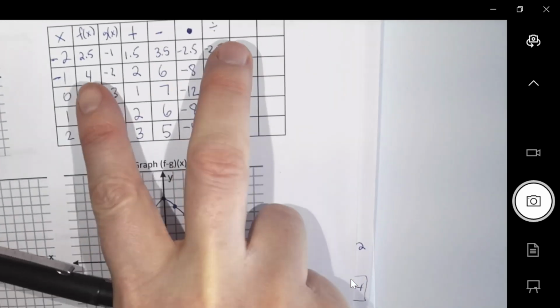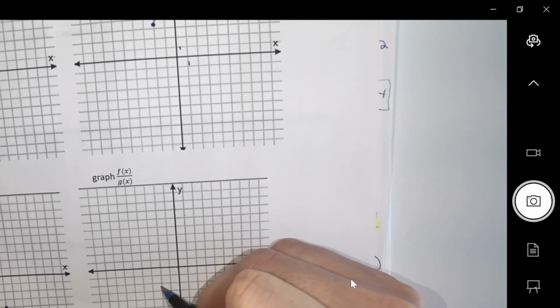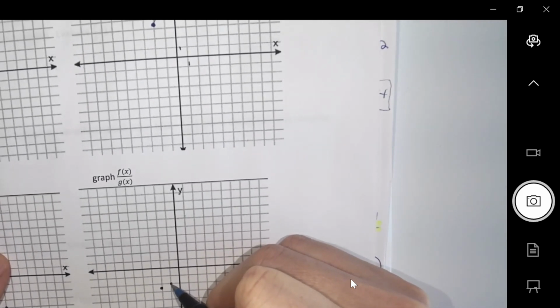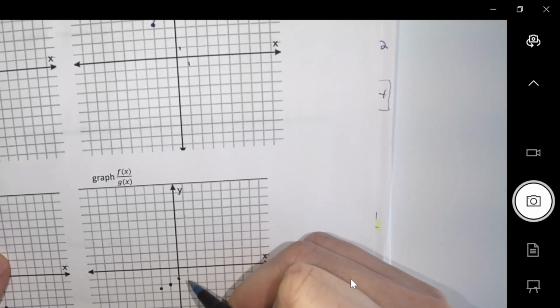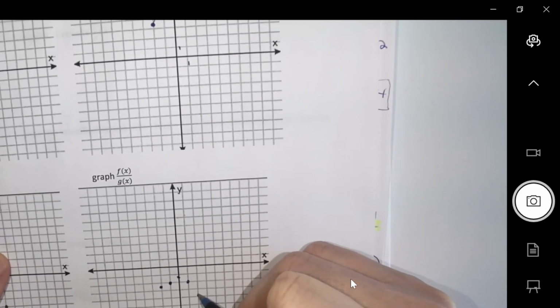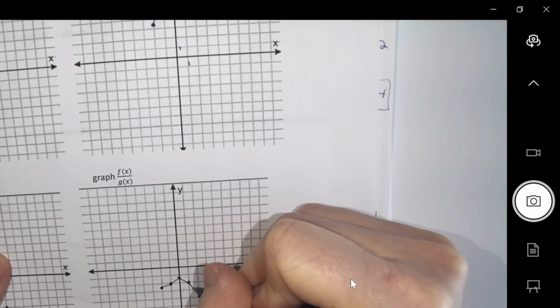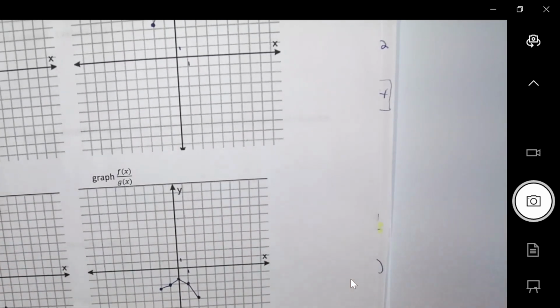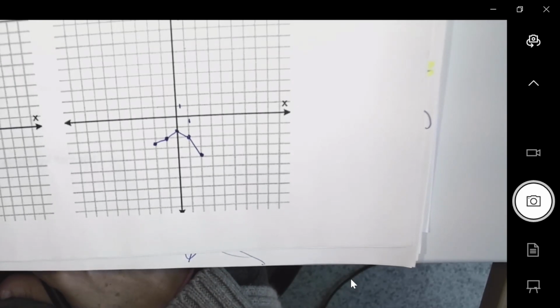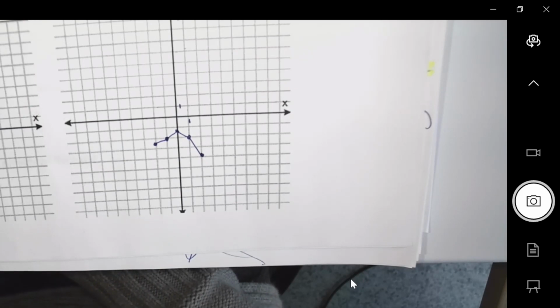Okay, place your 5 coordinates on there. Okay, so that is graphing functions with operations.